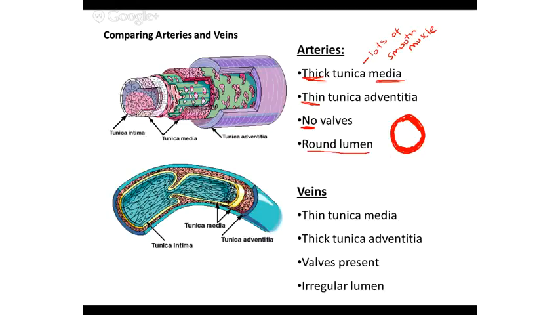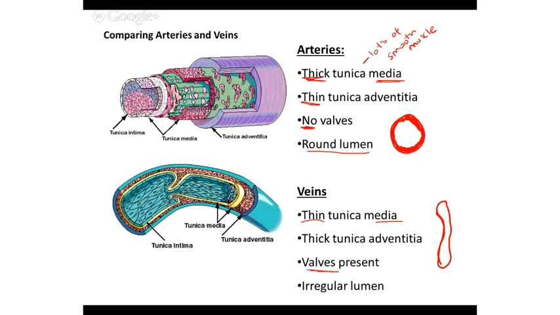Now veins, on the other hand, have a very thin tunica media, so they have very little muscle. Because they have such a thin muscle layer, they kind of get collapsed and squashed when you prepare them for the microscope. So they no longer look round, they have a squashed appearance, and the wall is really thin.